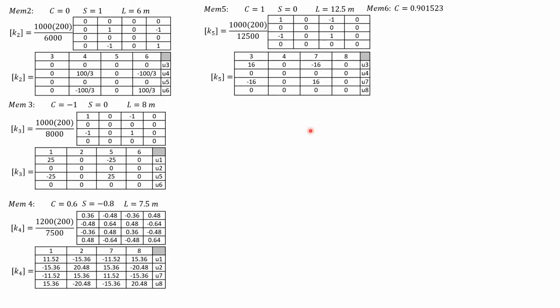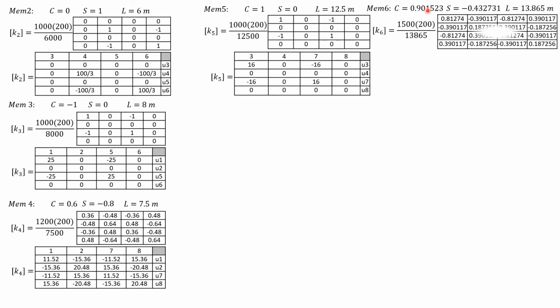Number 6 is 3478. The cosine is 12.5 divided by square root of 12.5 squared plus 6 squared. So that's the value in decimal form. The sine is negative 6 over square root of 12.5 squared plus 6 squared. That's the equivalent decimal value. The length is 13.865 meters, or square root of 12.5 squared plus 6 squared. Then area E over length times the square of the first term is 0.812744.